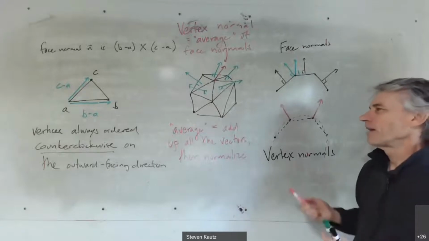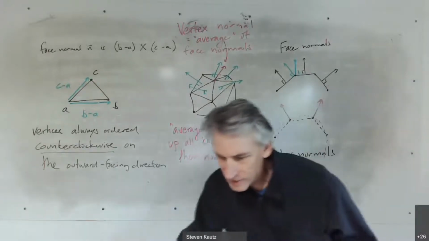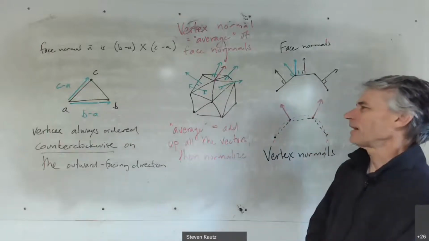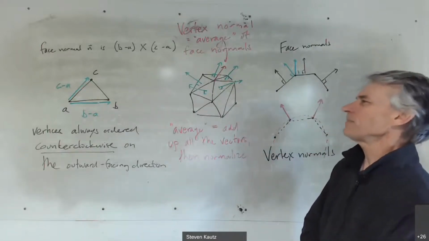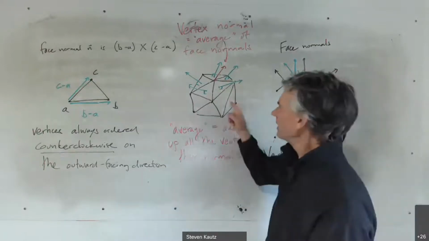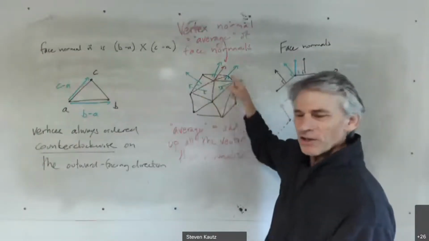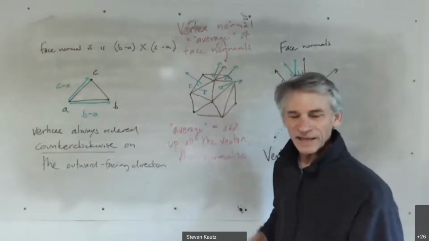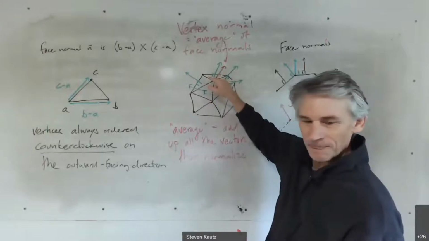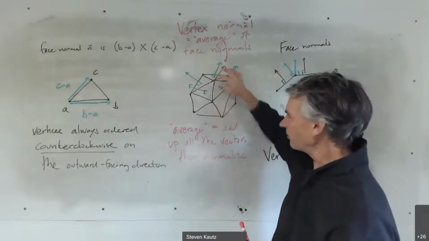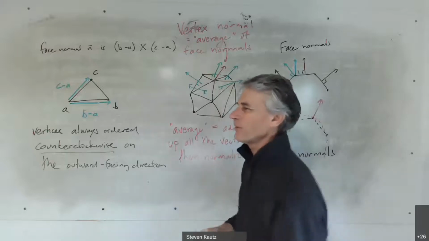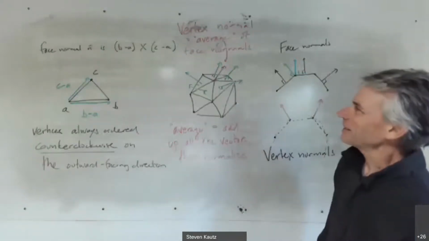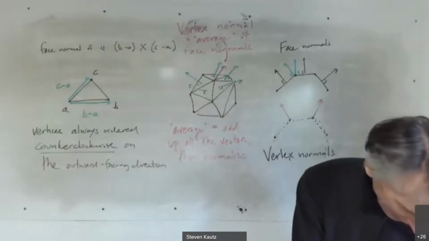Initially that might look like a complicated problem, in the sense that it seems as though for every vertex you would have to go searching through the polygons to find all the ones that were adjacent, and then find their face normals and compute this quantity. But there's an algorithm for doing this that simplifies that considerably. Let's take a minute and see if we can figure out that algorithm.